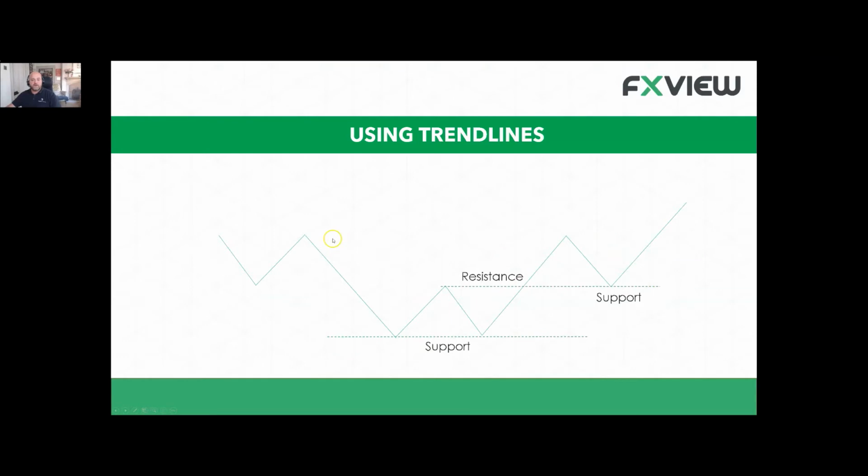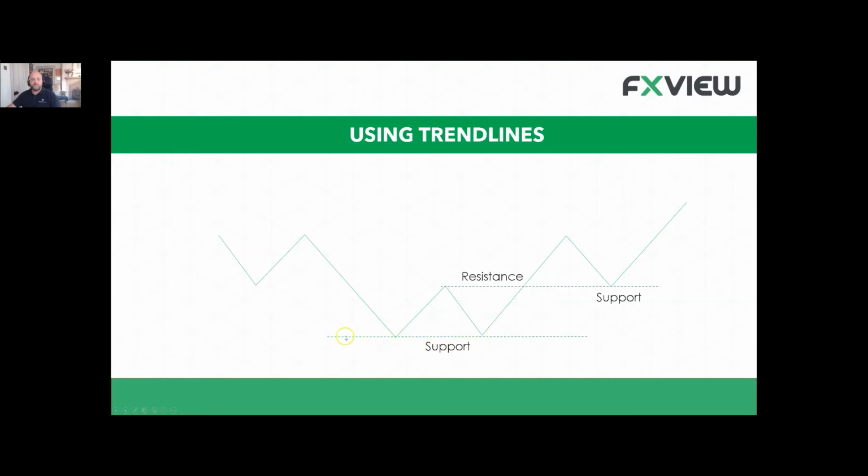So using trend lines as well, we could use them not just in a trending fashion, trending up or trending down, but also when price action is moving sideways. We can find that horizontal trend lines can act as really good support and resistance. So price action moves lower, finds a swing low point, reacts higher off it, runs into resistance, and then retraces back down to the previous swing low.